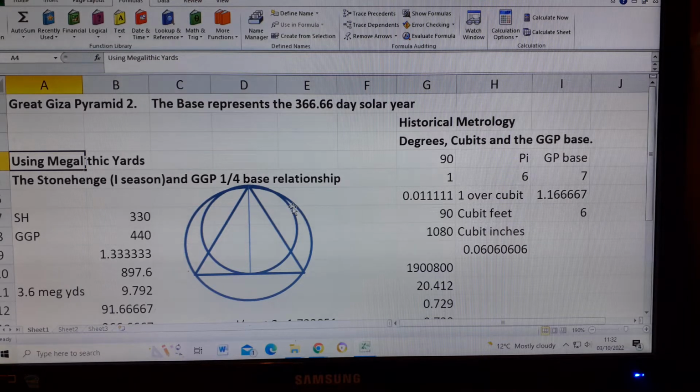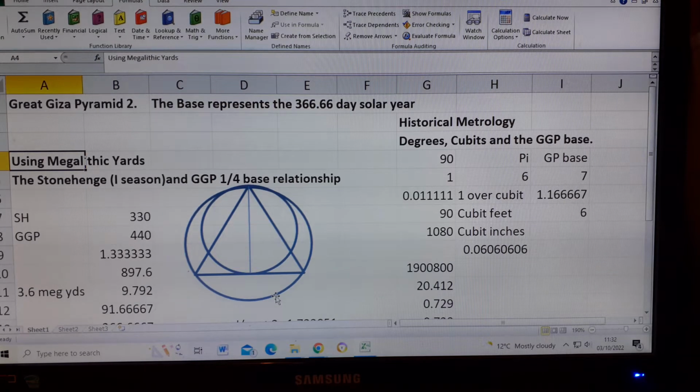And at Stonehenge, this is 330 feet. This is the Aubrey circle, and its circumference is 330 megalithic yards. Stonehenge, 330. Now, when this represents 330, this circle represents 1/4 of the Great Giza Pyramid base.